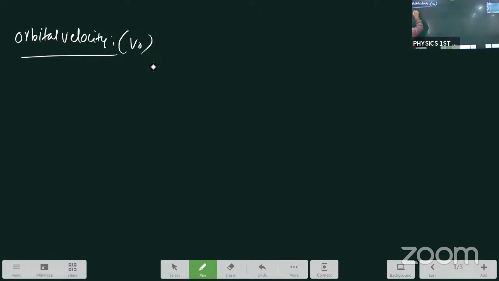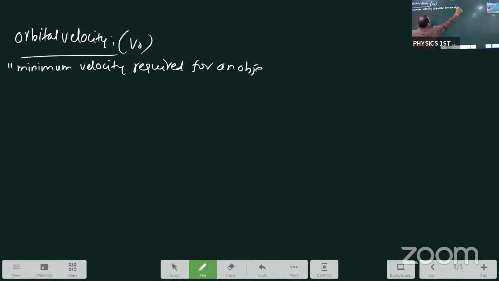So the definition: minimum velocity required for an object to revolve around the Earth in circular orbit.